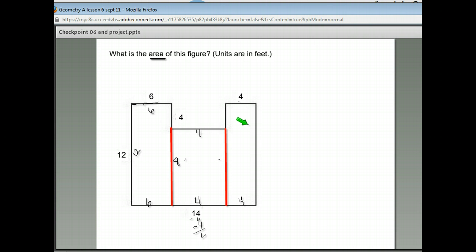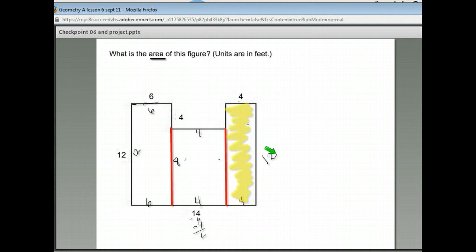And finally, what are the dimensions of this last one over here? We have one more over on this side. What are its dimensions? For this rectangle right here. 4 by 12.